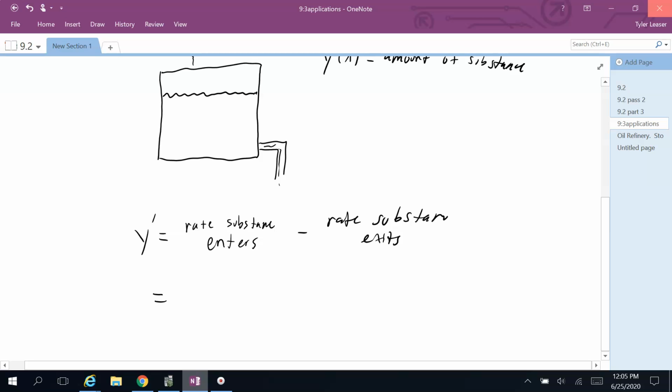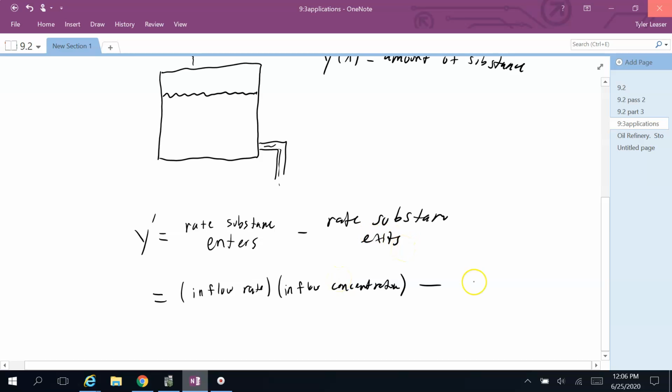So this rate at which it enters is just going to be the inflow rate times the inflow concentration. This is the rate at which the substance enters: how fast the solution is coming in times the concentration of that solution.